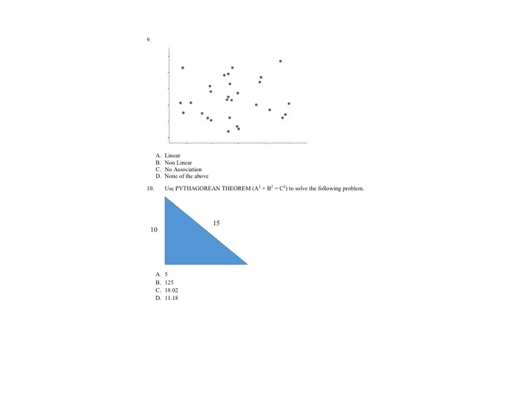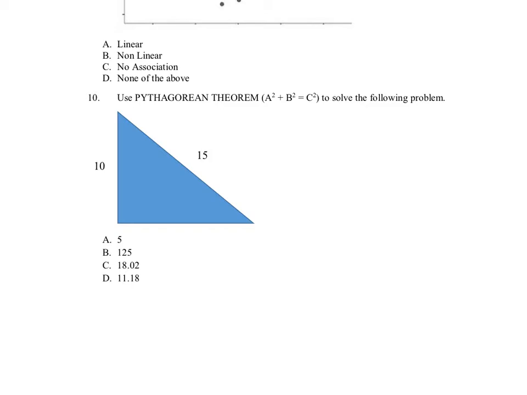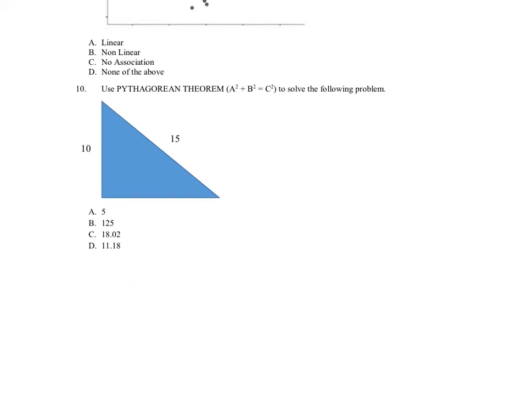Great. Okay, then on number 10, the Pythagorean theorem. Remember from last time when we had to label all the sides. So we'll say that this is A, B, and C. Since we know C, we're going to have to use the subtracting formula.